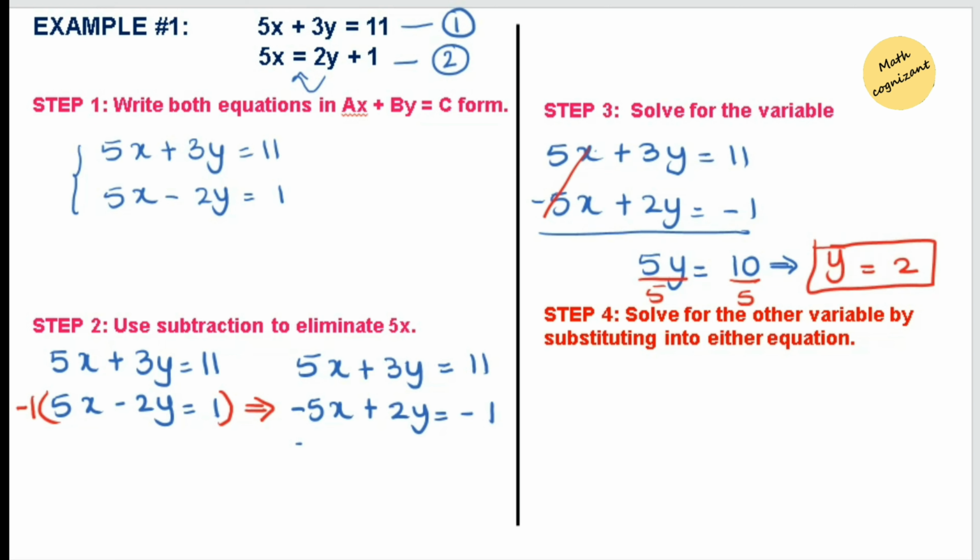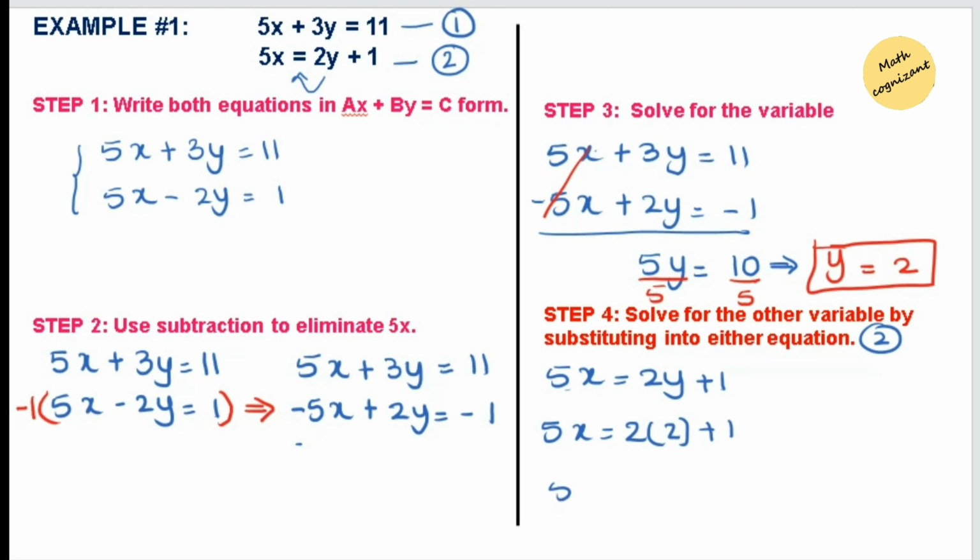Now substitute the value of y, that is equals to 2, in any one of the equations, either 1 or 2. Let's substitute in equation 2, that is 5x equals to 2y plus 1. In place of y, we are going to write it as 2. 5x equals to 2 times 2 plus 1.